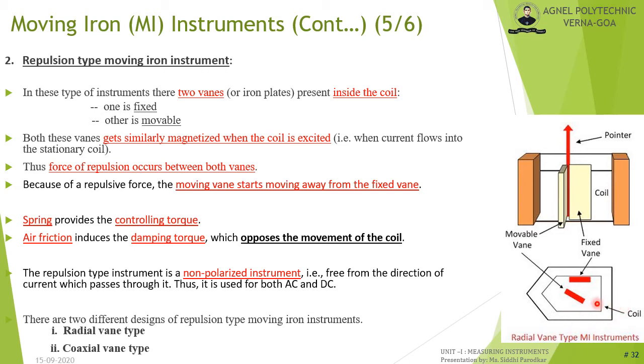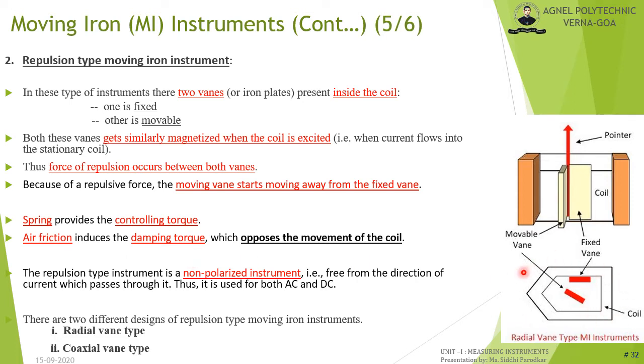Both these vanes get similarly magnetized when the coil is excited, that is, when the current flows in the stationary coil. Thus, these plates experience a force of repulsion between them. Because of the force of repulsion, the moving vane starts moving away from the fixed vane. Spring provides the controlling torque in this, and air friction induces the damping torque which opposes the movement of the coil.